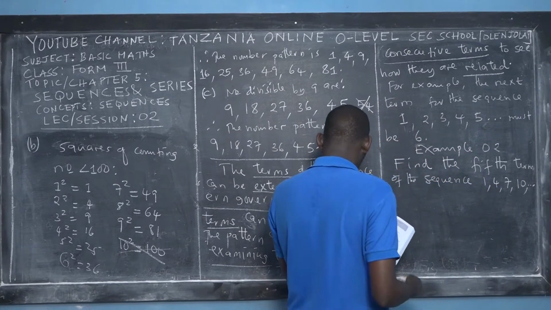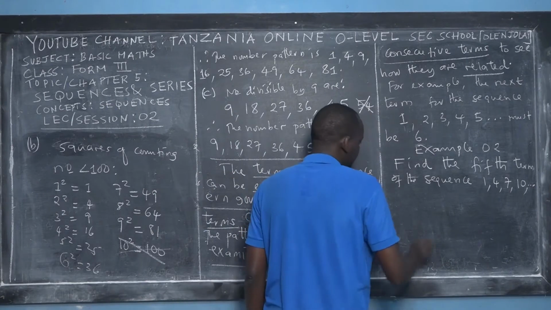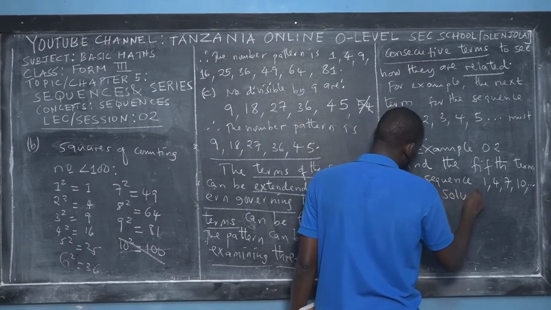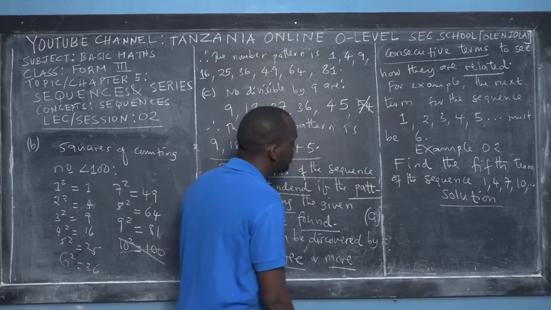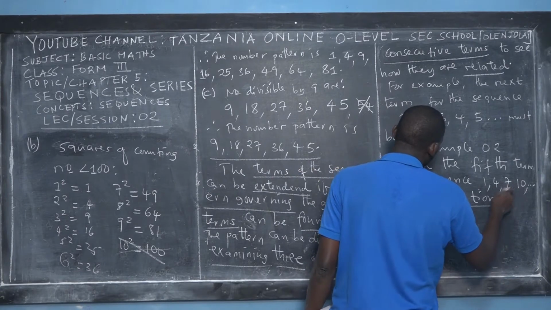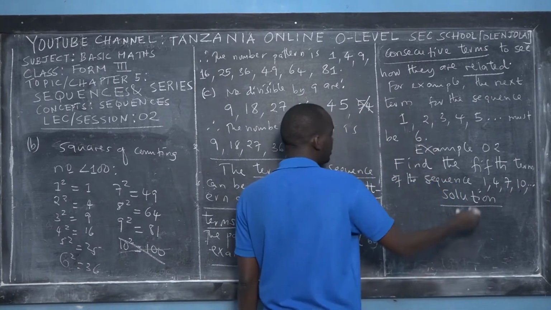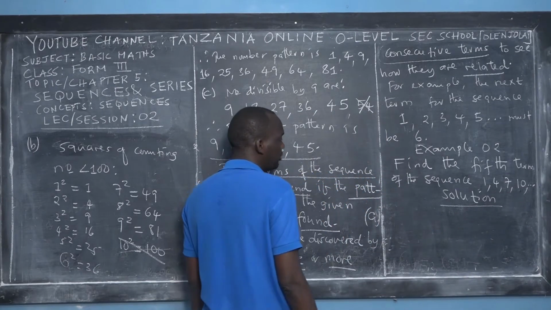Solution: the question is very simple. This is the first term, second term, third term, fourth term, so the next is the fifth term.